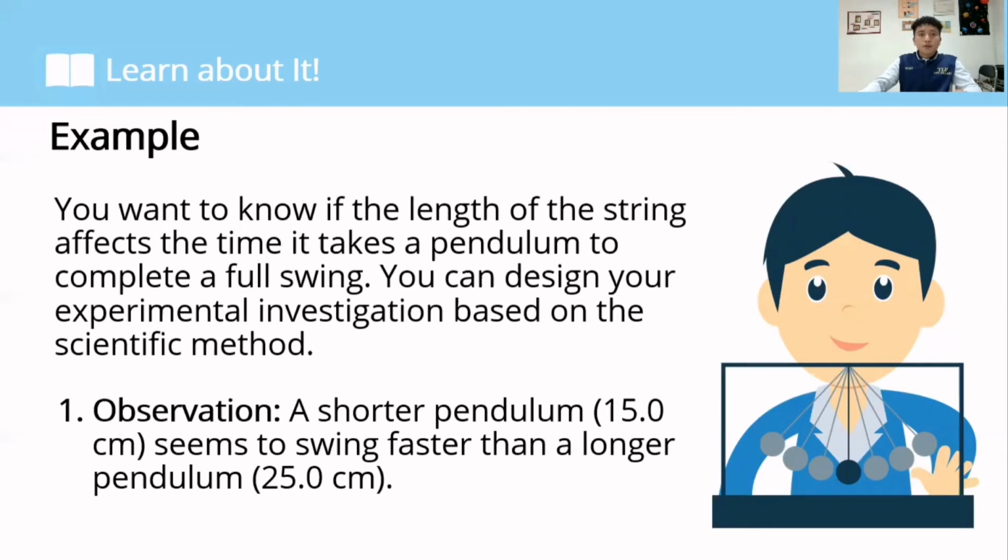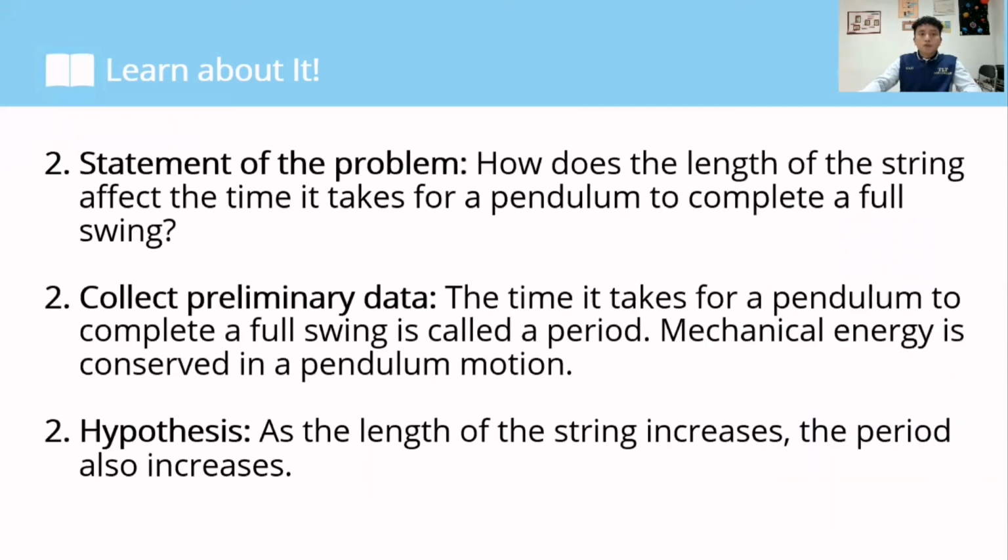Okay, we've learned the steps, the process in the scientific method. We have number one, observation. A shorter pendulum, 15.0 centimeters, seems to swing faster than a longer pendulum, 25.0 centimeters. And for number two, statement of the problem. How does the length of the string affect the time it takes for a pendulum to complete a full swing?